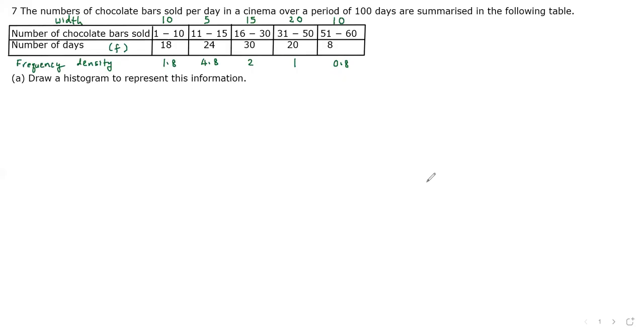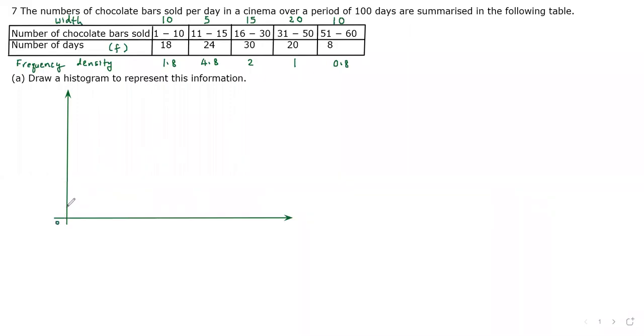To draw the histogram, the vertical axis is the frequency density, and the horizontal axis is the class boundary. So let's draw a vertical axis and a horizontal axis here.